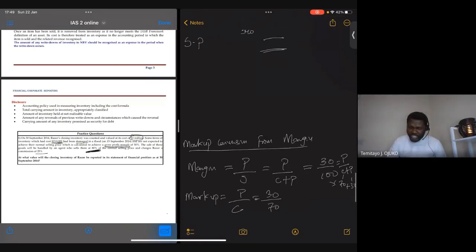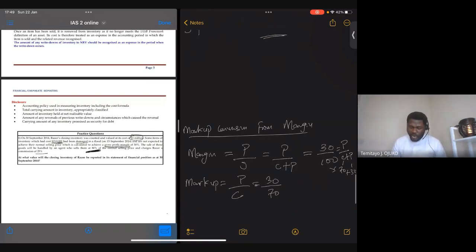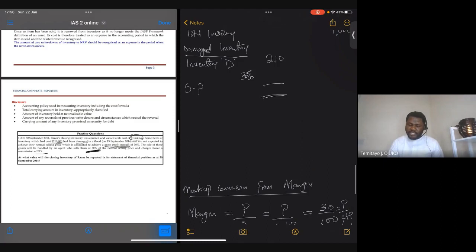So definitely I can say that my markup is 30 over 70. Now, for me to know the profit, I know that my markup is 30 over 70, and I know what the cost is. So 30 over 70 times 210, which is the cost. 30 divided by 70 times 210. That gives me 90. My profit is actually 90. Right? We'll test if that is correct, because it's also possible for it not to be correct.